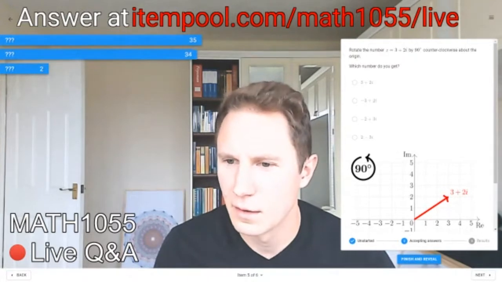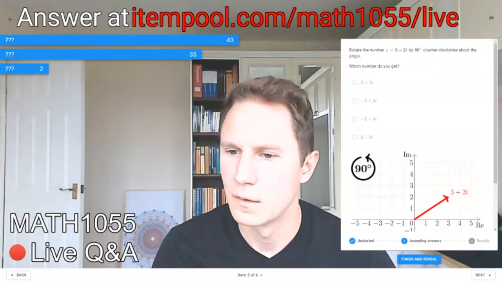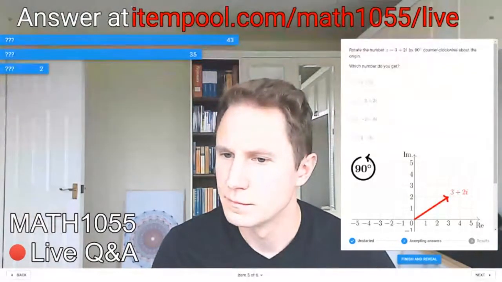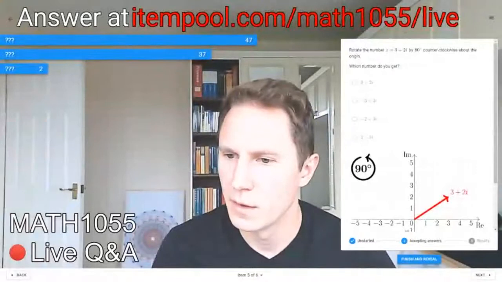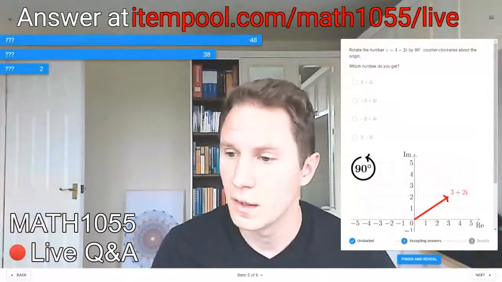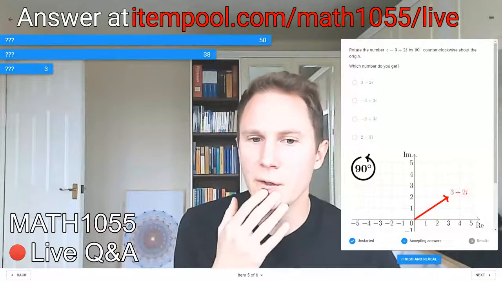Okay, so what question did I ignore? Could someone? Oh, if a complex number is in polar form, is there a way to find the complex conjugate without reverting it back into algebraic form? Yes, it's still just flipping the sign of the imaginary part, which means a sign change for the angle.